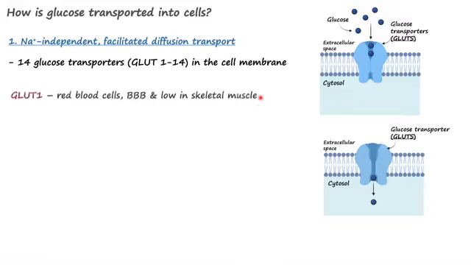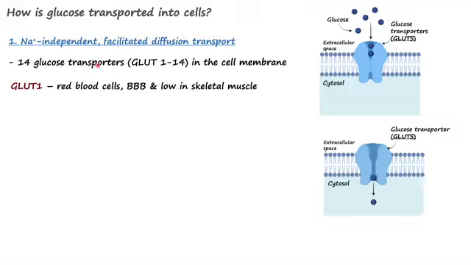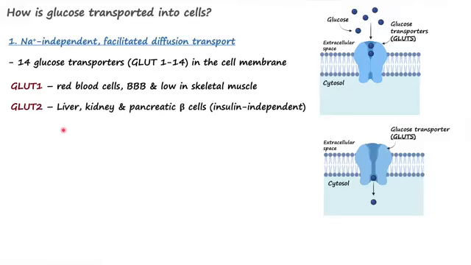For example, GLUT1 is abundantly expressed in red blood cells and the blood-brain barrier, and is expressed in low amounts in skeletal muscle. GLUT2 is expressed in liver, kidney, and pancreatic beta cells, and is insulin independent.